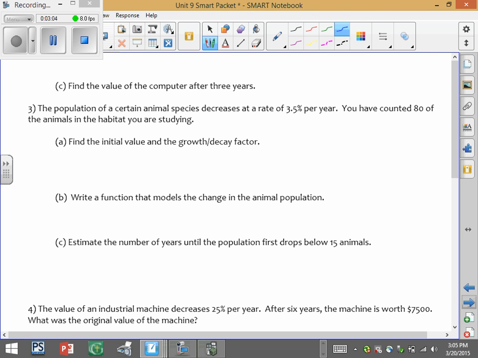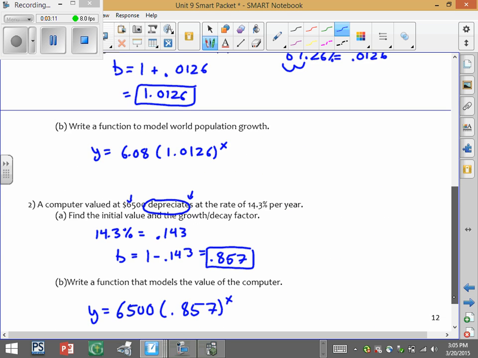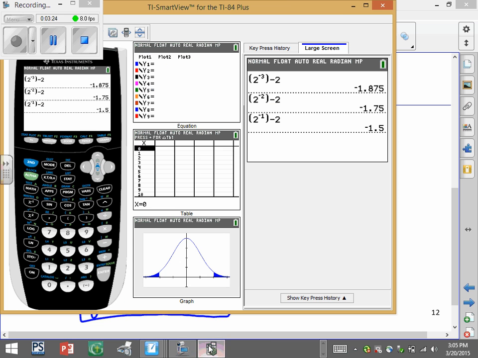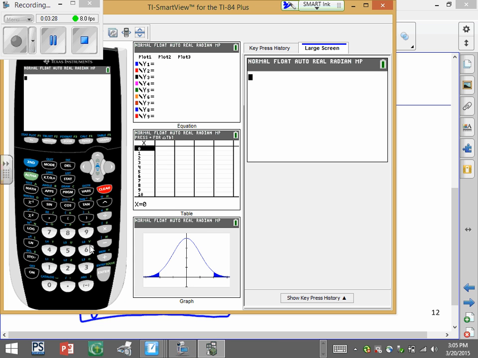What we end up wanting to do with some of these, here's an application. Let's find the value after 3 years. So in other words, we're going to use this function, y equals 6,500 times 0.857 to the x. We're going to plug in x equals 3. We're not going to do this by hand. Go to your calculator. We have our 6,500, and then we put our parentheses, 0.857, and I'm going to raise that to the third power for the third year.